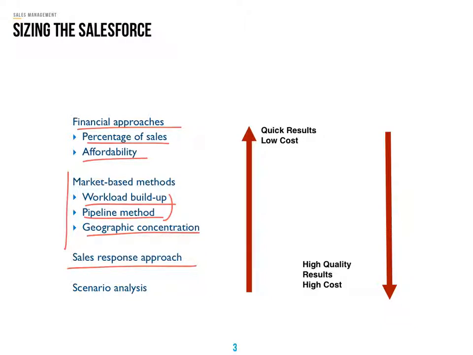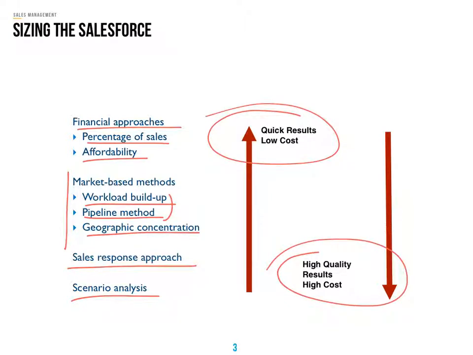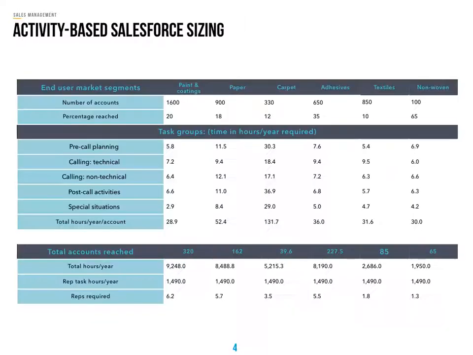And the scenario analysis, which is basically looking at different scenarios, and then depending on the scenario, I might need a different number of people. These approaches are less expensive, and also you have quick results, not necessarily good. These are higher cost, but also higher quality.